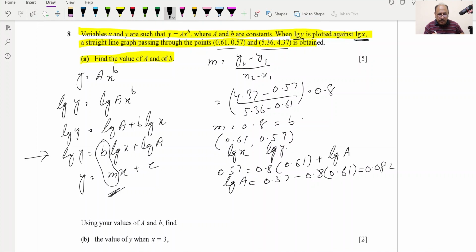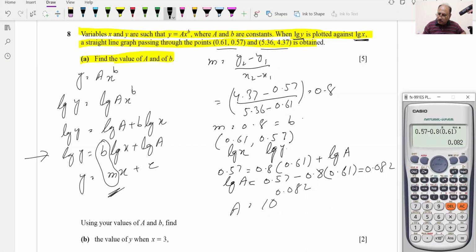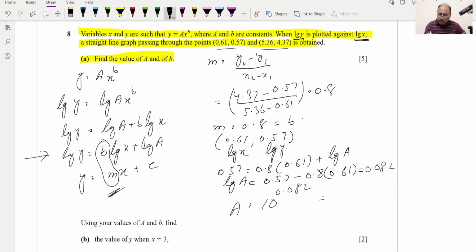So a will be equal to 10 raised to the power 0.082, and this answer will be equal to 1.207, or approximately 1.21. This will be the final answer for this question.